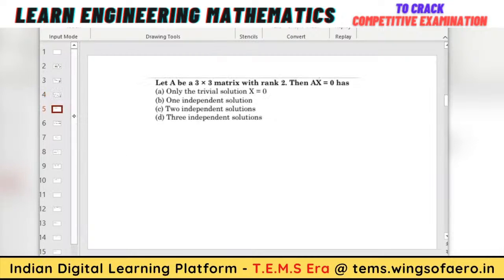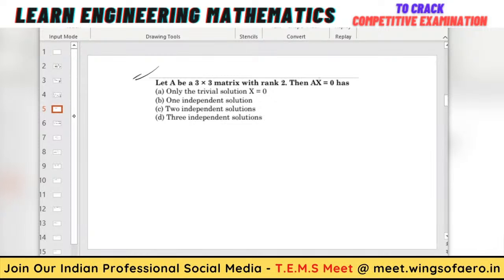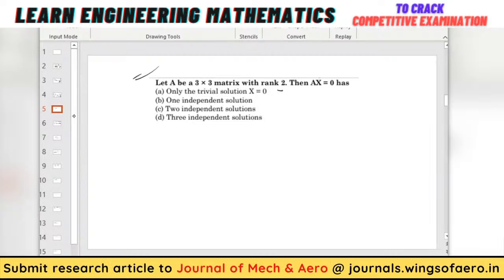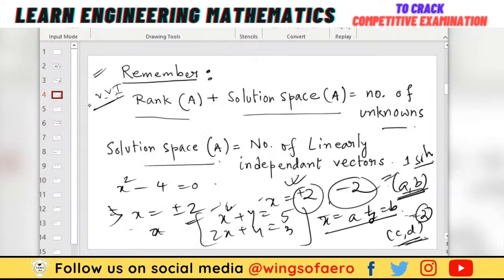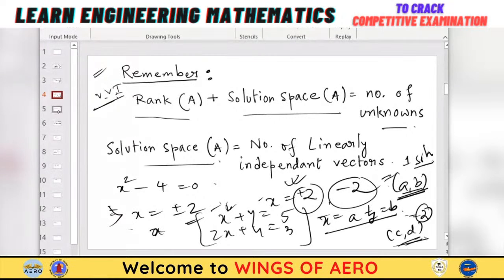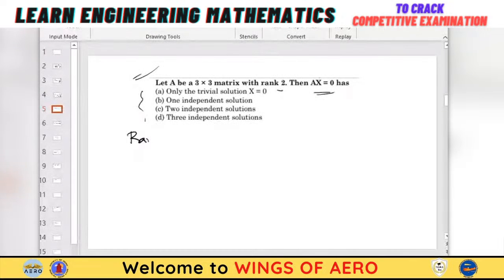Now I am going to this one. Let A be a 3 cross 3 matrix with rank 2. Then Ax equal to 0 has what? Remember this formula: rank of A plus solution space of A is equal to number of unknowns.